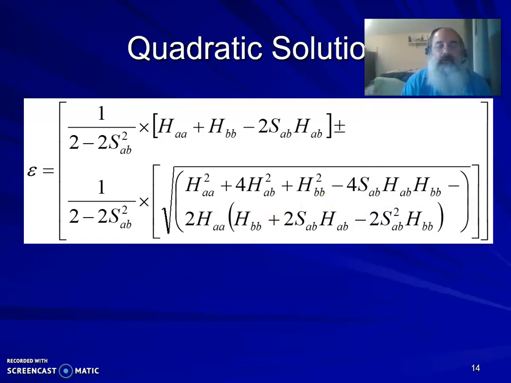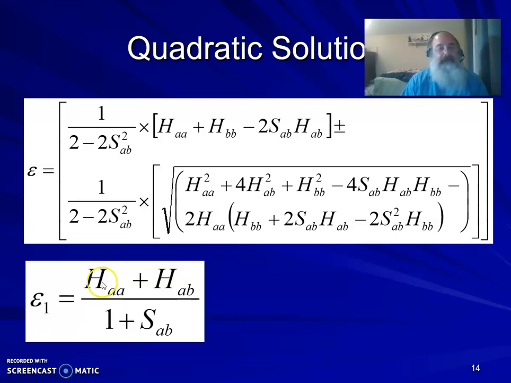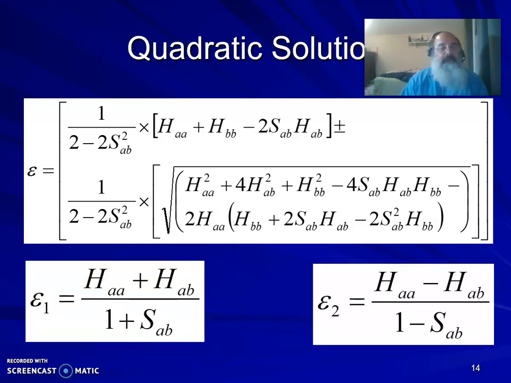On the other hand, if we're dealing with a homonuclear diatomic, so H2, F2, Cl2, whatever, then this is going to be equal to this, and we'll be able to combine a lot of terms. And the algebra would simplify quite a bit. And we'd end up, because of the square root here, with two possible energies, an E1 and an E2.